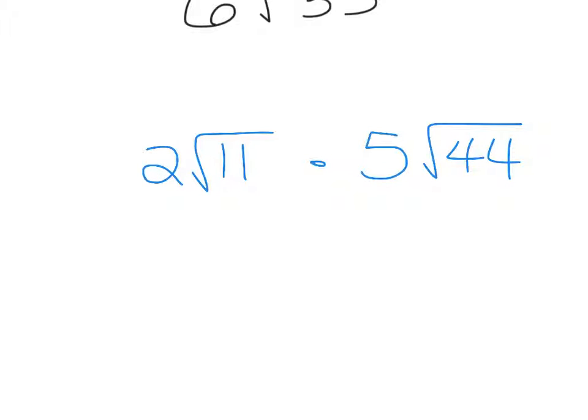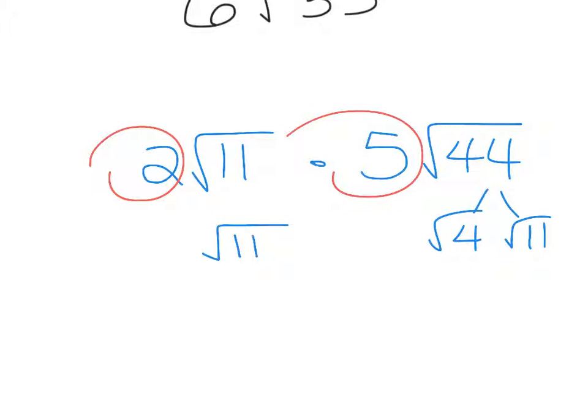Now, you could either multiply 2 times 5 to get 10, and 11 times 44 to get that really large number, or you could decide I'm going to factor this first and then see if I can make some pairs and get some perfect squares. Because essentially what we're doing here is multiplying the outside numbers, and then multiplying all the radicals together.